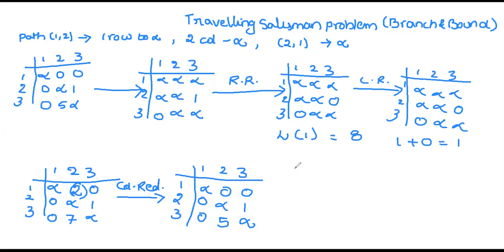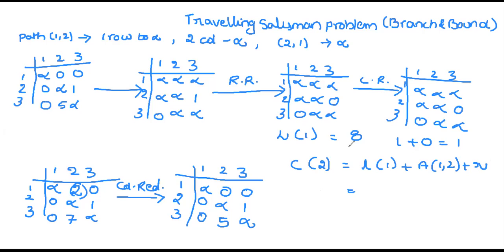So here we need to calculate the cost of 2. The formula for calculating the cost of 2 is equal to the lower bound of 1 plus A of 1 comma 2. Why? Because we need to calculate the path distance from A to 1 to 2. After that, the reduction value.